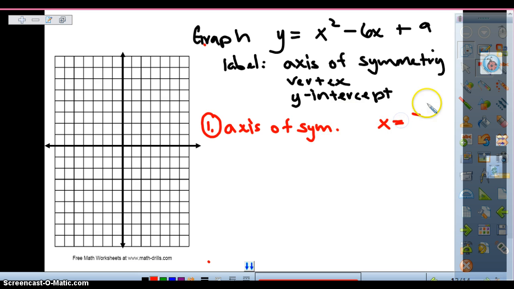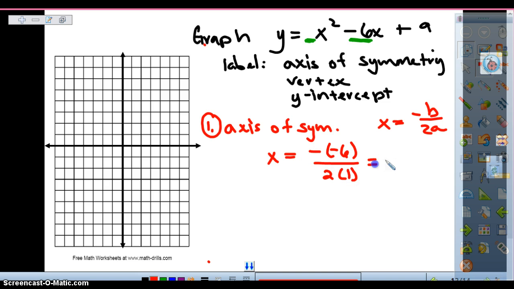That's x equals negative b over 2a. Let's identify our b. What is our b? Negative 6. What is our a? 1. It's invisible. So we have x equals negative negative 6 over 2 times 1. That means 6 over 2, which makes our axis of symmetry 3.